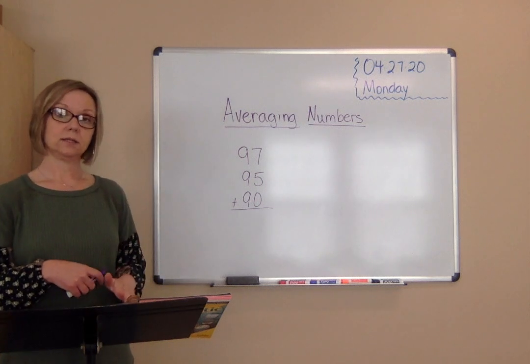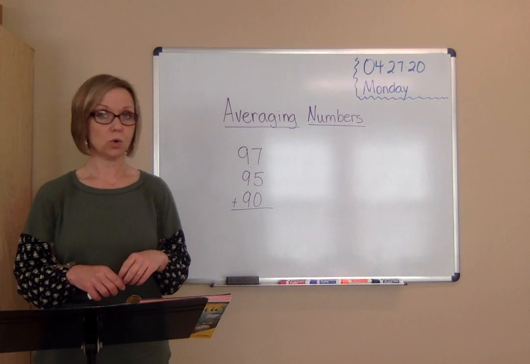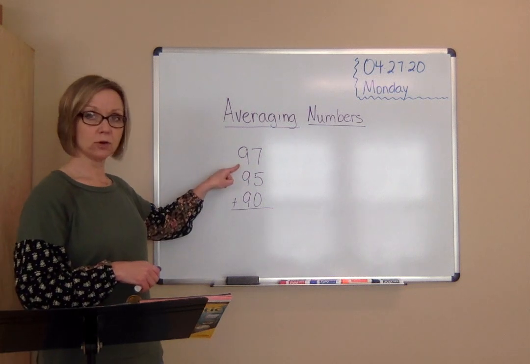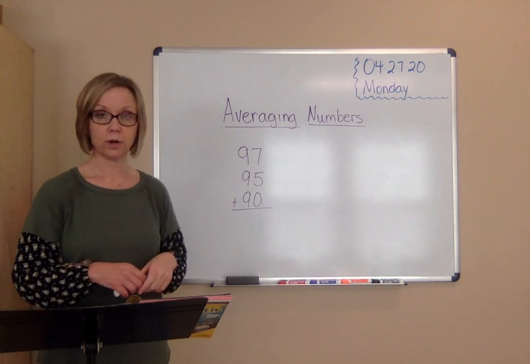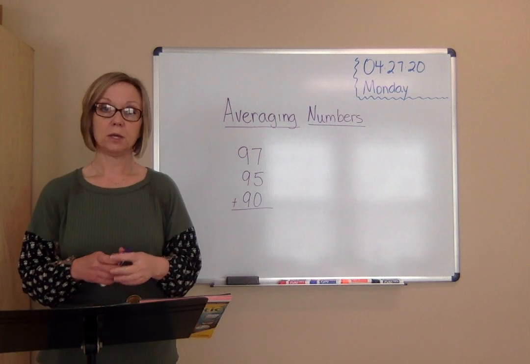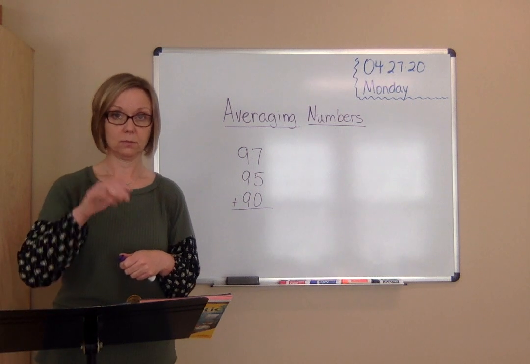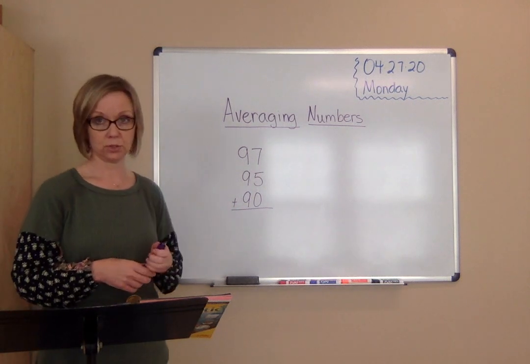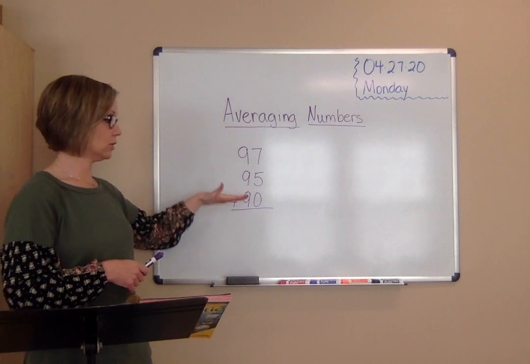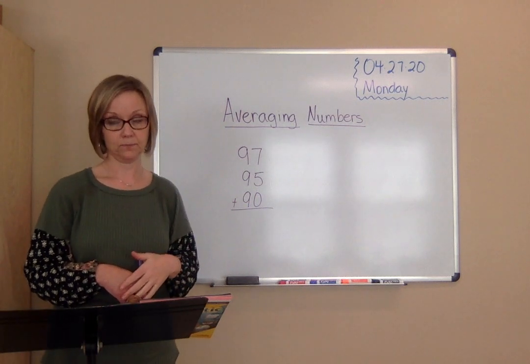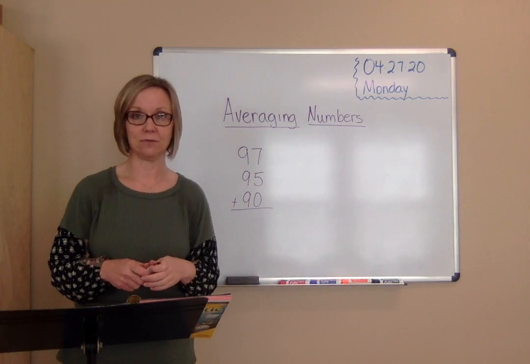After you add, after you divide, and you get your quotient, it will not be higher than 97. It will not be lower than 90, because an average is kind of the middle between these numbers. So you're not going to go higher than 97, and you're not going to go lower than 90. It's a balance, right, of those numbers, kind of in the middle.